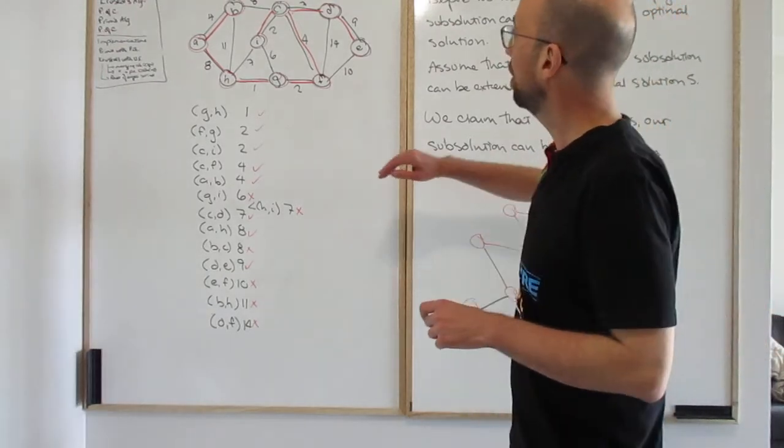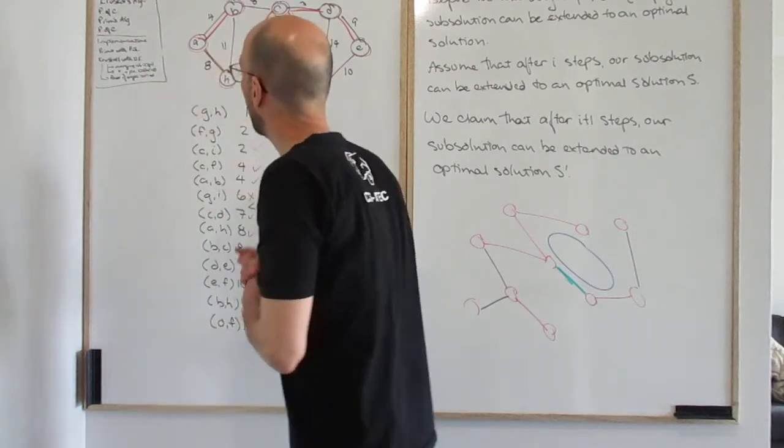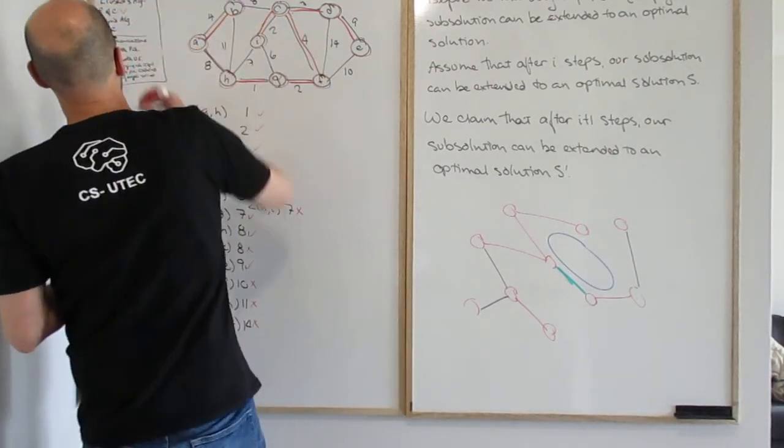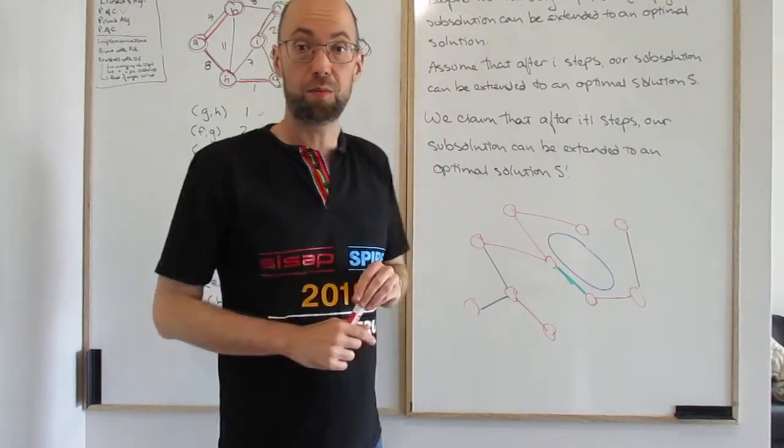So that's the proof of correctness. Kruskal's algorithm, proof of correctness. Prim's algorithm. Prim's algorithm is a bit different.